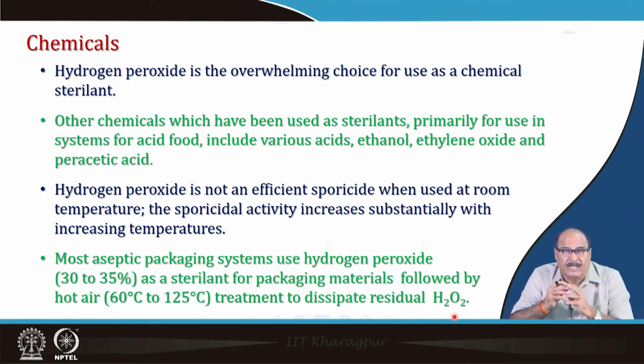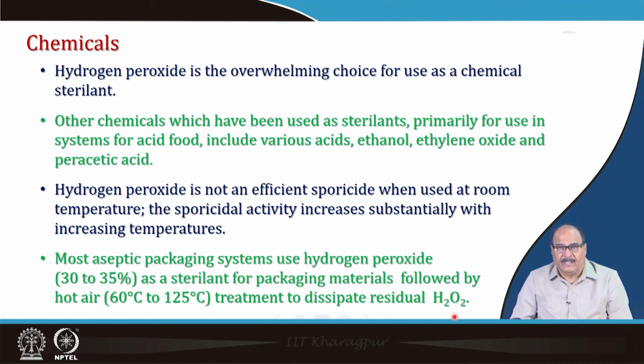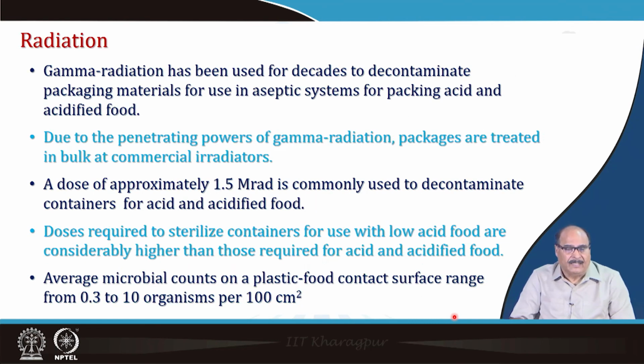The sporicidal activity increases subsequently with increasing temperature, so a combination of hydrogen peroxide and temperature is used. Most aseptic packaging systems use hydrogen peroxide, maybe 30 to 35%, as a sterilant for packaging material, followed by hot air at 60 to 125 degrees Celsius to dissipate the residual hydrogen peroxide.